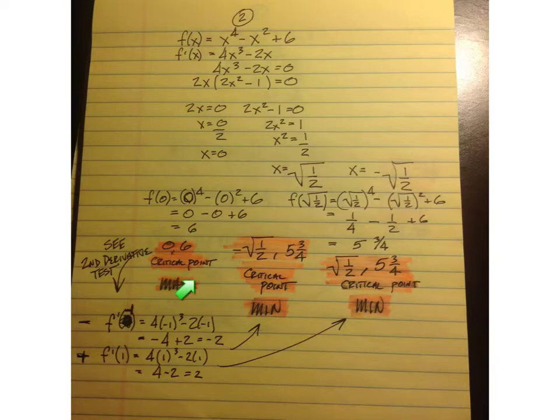And then if you plug in the negative square root of 1/2 and the positive square root of 1/2, you come back with the same answer each time: 5 3/4 and 5 3/4, or 5.75.